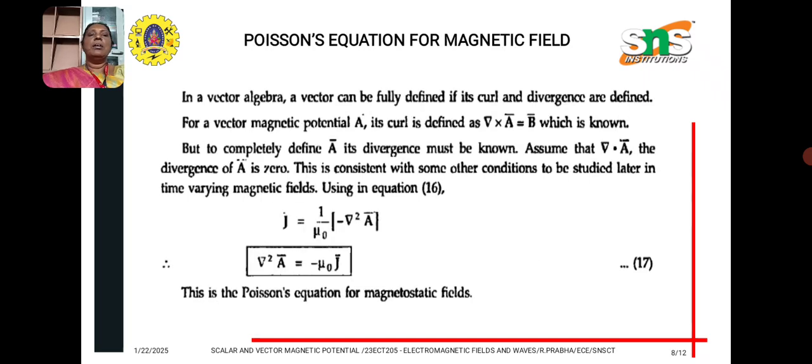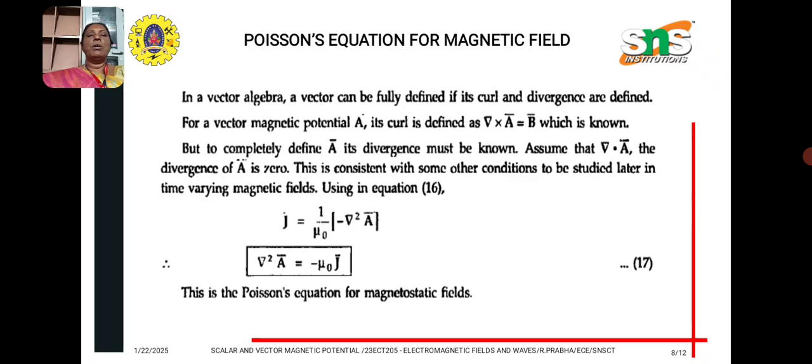In vector algebra, a vector can be fully defined if its curl and divergence are defined. For a vector magnetic potential A, its curl is defined as del cross A is equal to B, which is known. So, to completely define the magnetic vector potential A, its divergence must be known. Assuming the divergence of A vector is 0, this is consistent with some other conditions to be studied later in time varying magnetic fields.